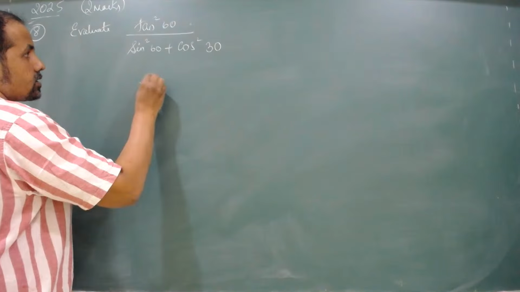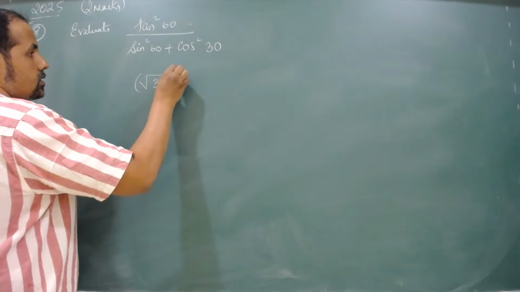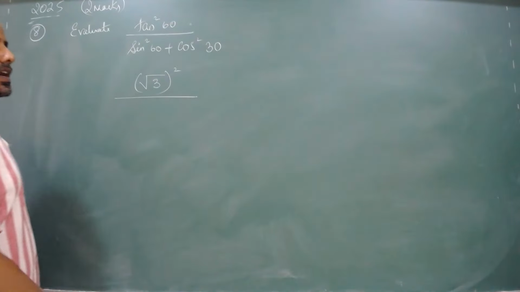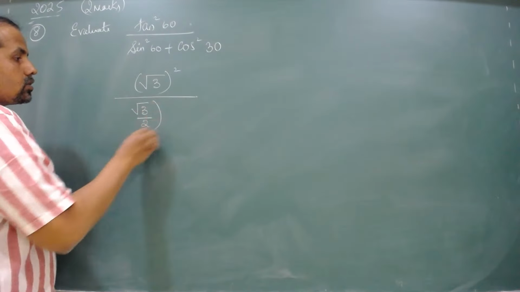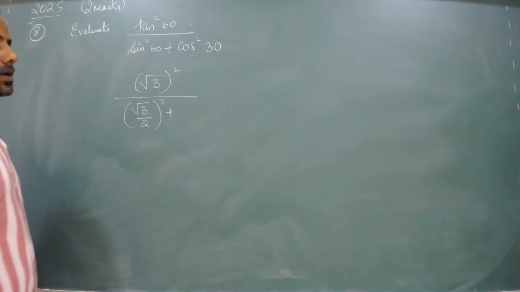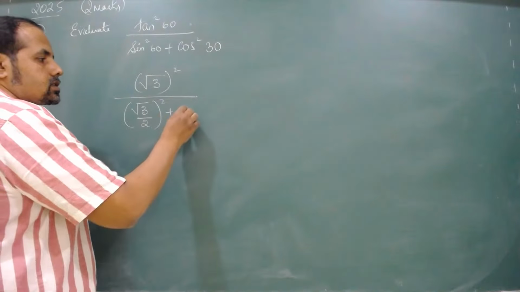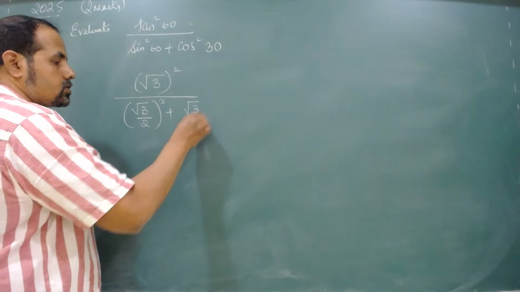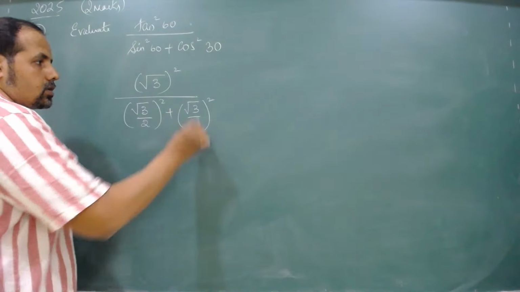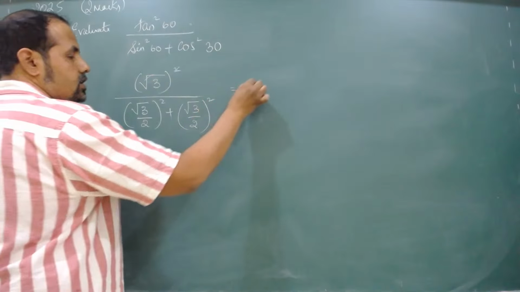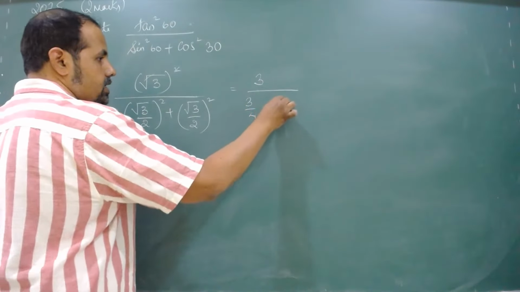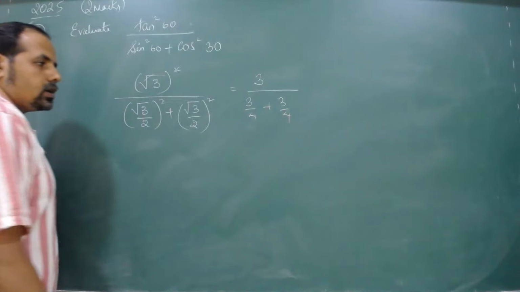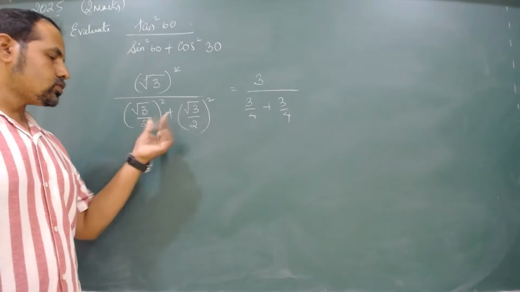Tan square 60 is root 3 the whole square, sin 60 is root 3 by 2, and cos 30 is root 3 by 2. The square root gets cancelled: 3 divided by 3 by 4 plus 3 by 4. Root 3 square is 3, 2 square is 4.